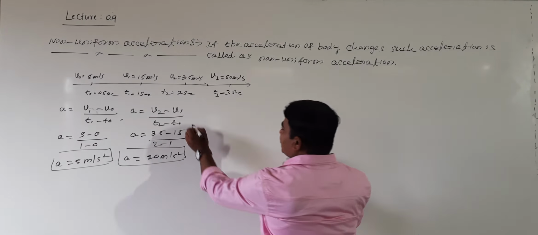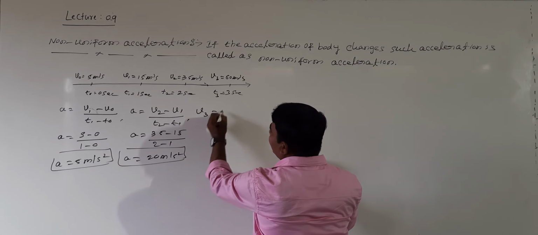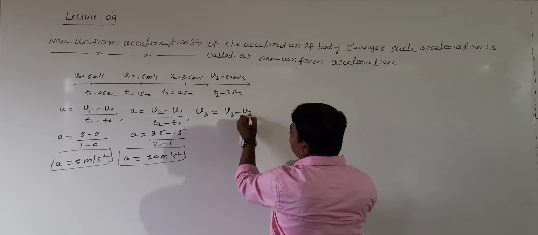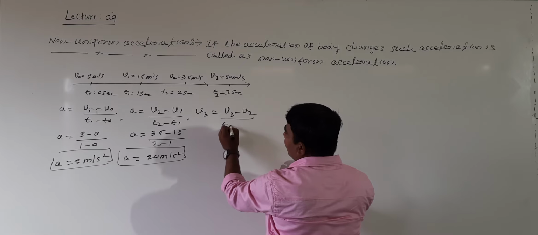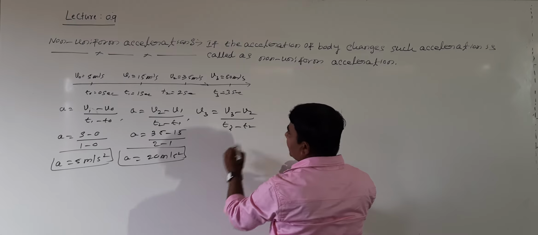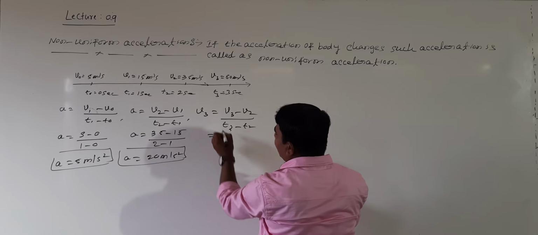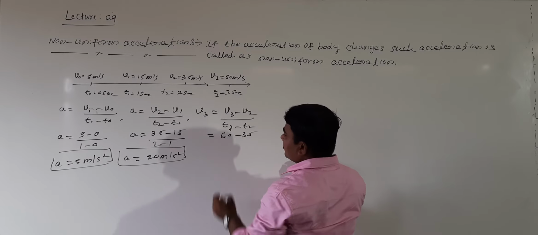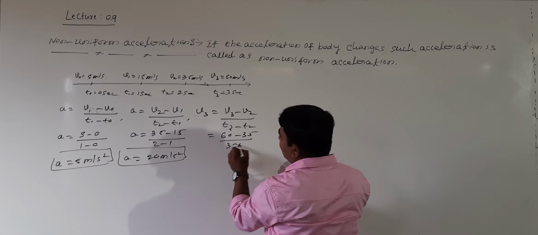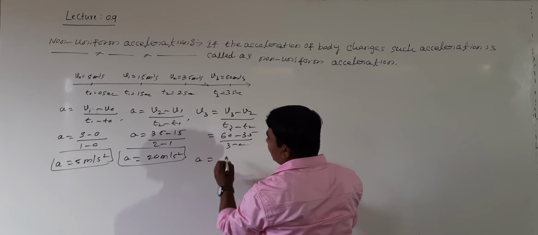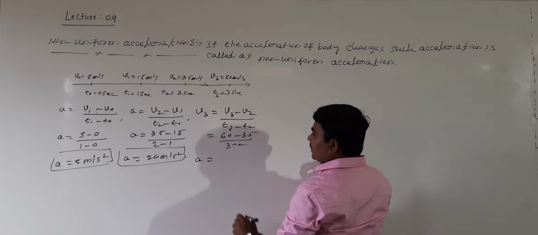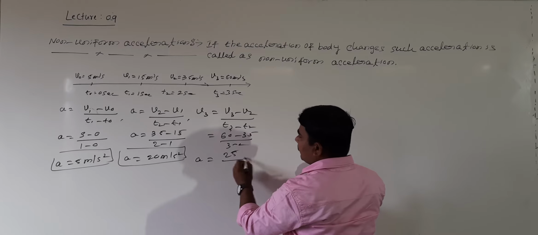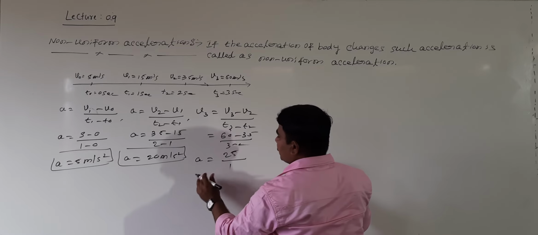Again, in the next interval, acceleration is V3 minus V2 whole divided by T3 minus T2. V3 is 60, V2 is 35, divided by 3 minus 2. 60 minus 35 is 25, divided by 1.